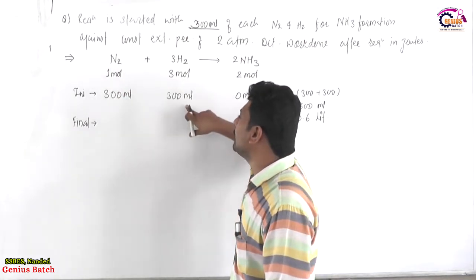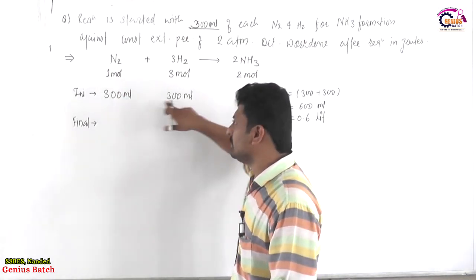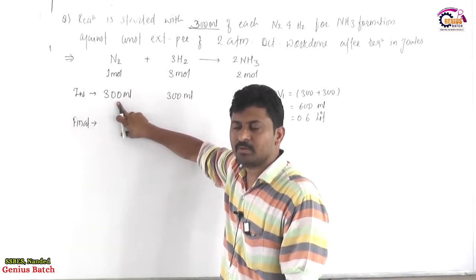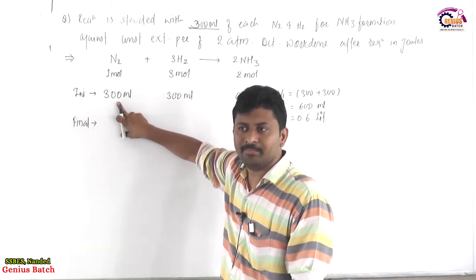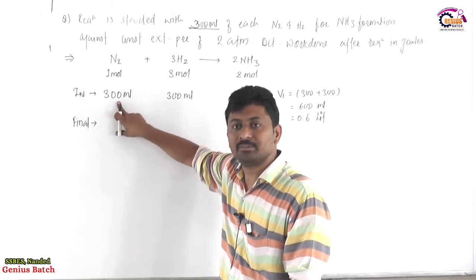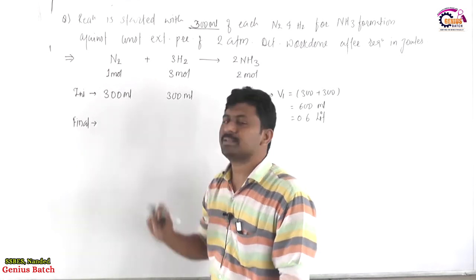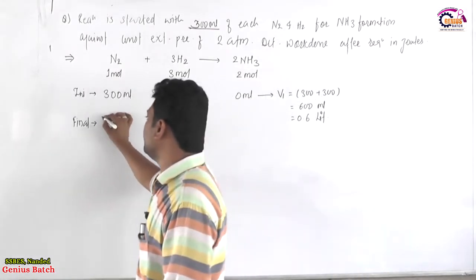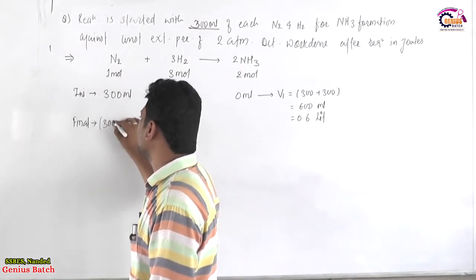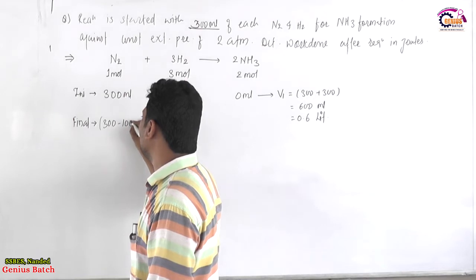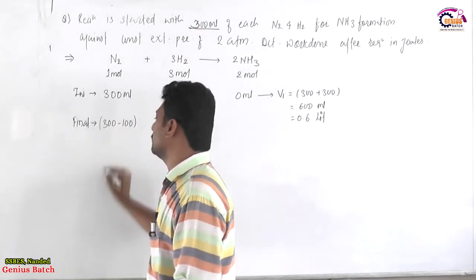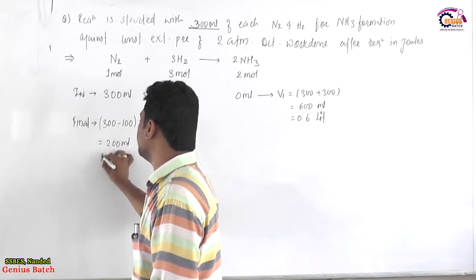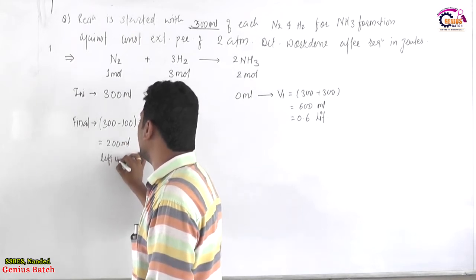Then for 300 ml of hydrogen, we require just 100 ml of nitrogen. We require 100 ml and we are provided with 300 ml. So the 300 ml is not completely reacting. Out of these 300 ml, only 100 ml is reacted, so 200 ml is left unreacted.